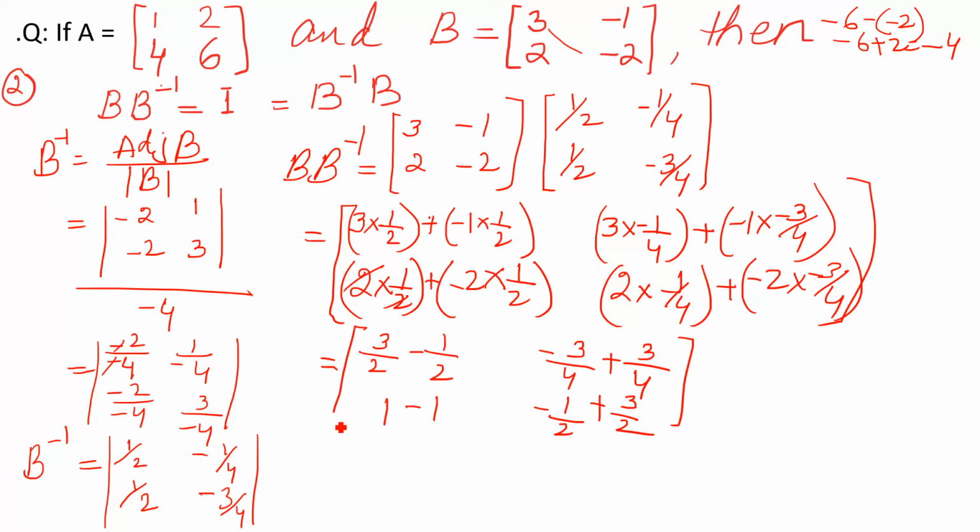Right, and when we simplify it, it is equal to 1, 0, 0 and 1. Right, this is the identity matrix. So B multiplied by B inverse equals I, we have proved it, 1 0 0 1, which is the identity matrix.